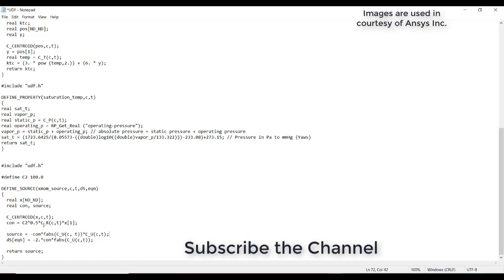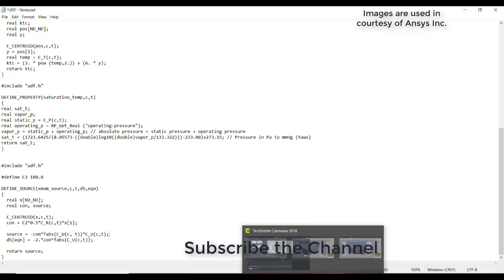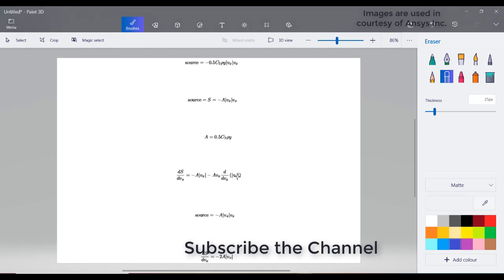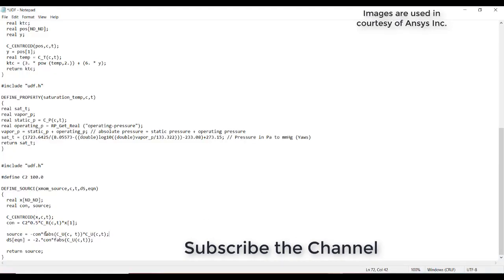C underscore r is the density of cell number 1, which I take into 0.5 into C2. C2 is already defined as 100. Now the source F abs is the absolute term. Modulus is nothing but the absolute value, it doesn't have negative values, and that is taken care of by F abs.